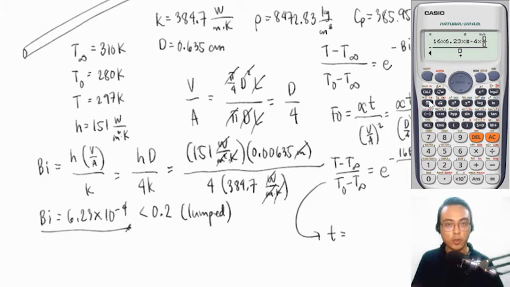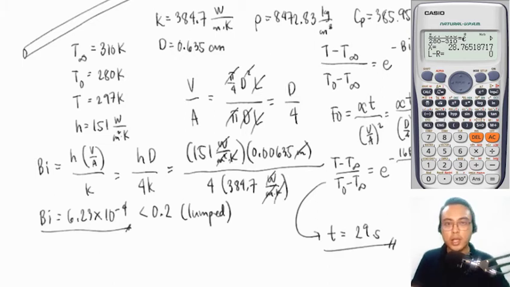Alpha is K over rho Cp: 384.7, density 8472.83, Cp 385.95, times T. So time is our unknown. Let's represent that as X. And then divided by diameter squared, 0.00635 squared. Shift solve. Our answer is 29 seconds.